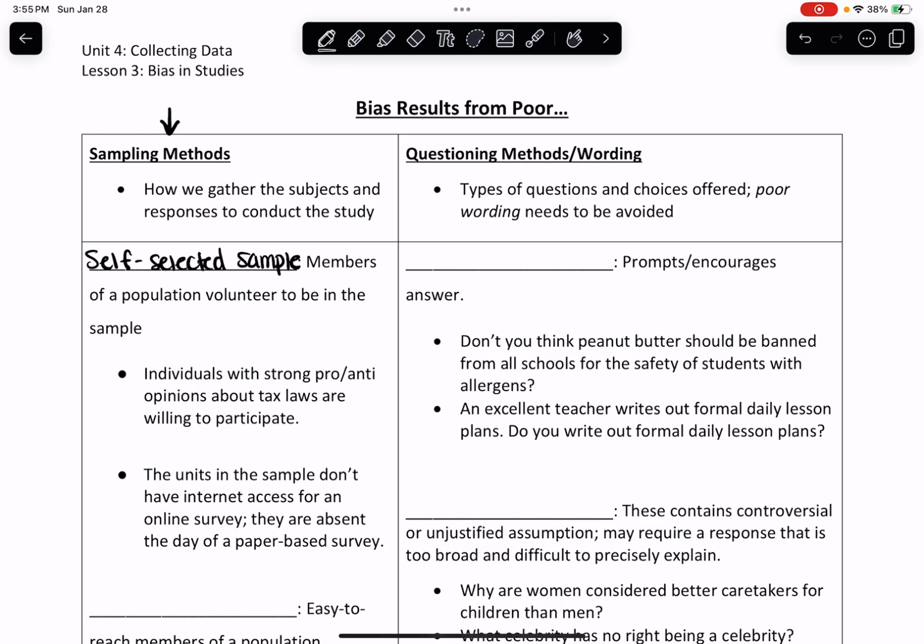And that's when people are volunteering themselves to be in the sample. So a lot of times if you send out a survey and you just wait for people to respond, you might get individuals with really strong pro or strong anti opinions.